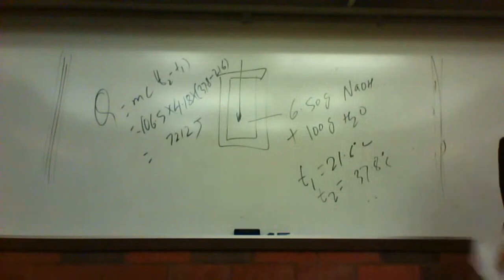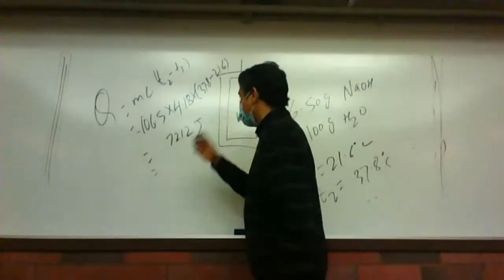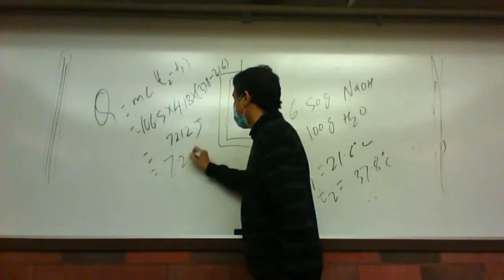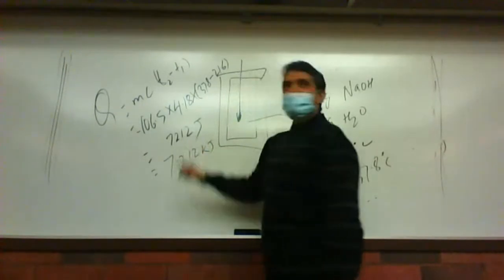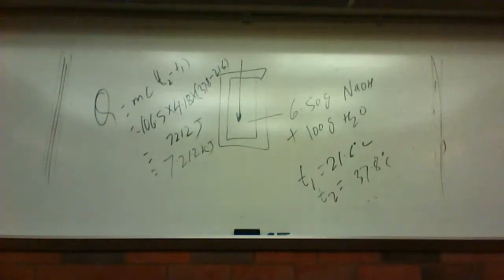So that many joules of heat energy is produced, right? Exactly the same thing that I did previously. Now you can convert this into kilojoule if you want by dividing by 1000. So that gives you 7.212 kilojoule. So 7,212 joule is 7.2 kilojoule, right? We have to divide by 1000 to convert to kilojoule.